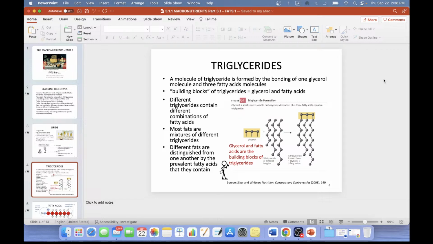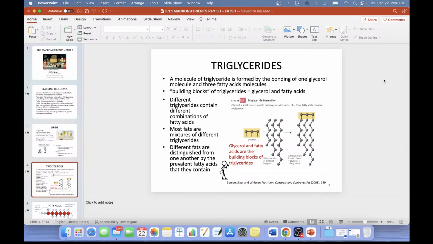In one molecule of a triglyceride, there is one molecule of glycerol bonded to 3 molecules of fatty acids. The shape is similar to what is represented in the diagram, where the glycerol forms a sort of head, and the 3 fatty acids are like tentacles or legs dangling from that head.